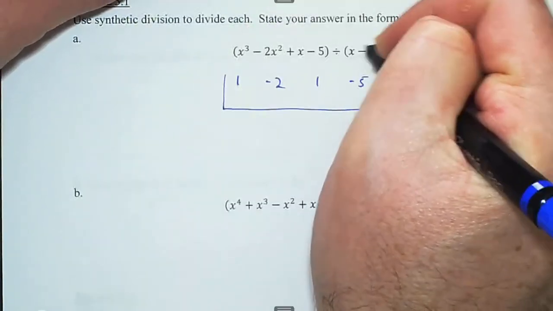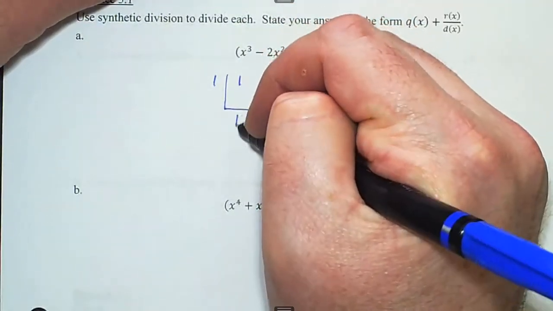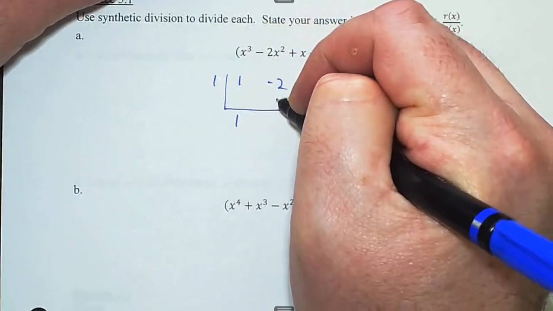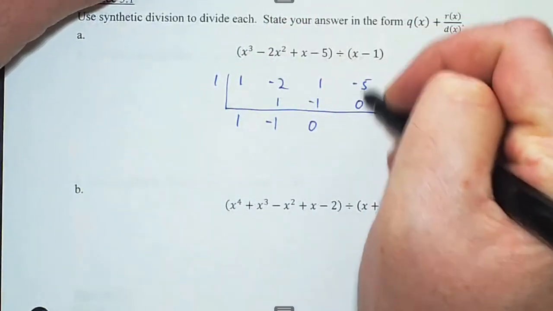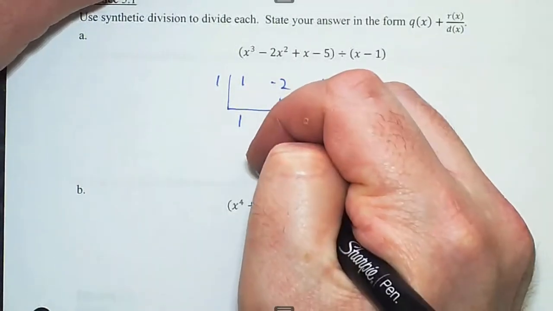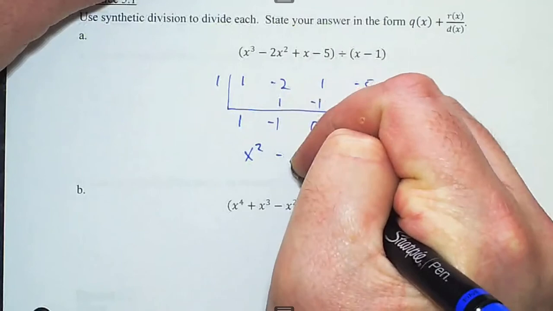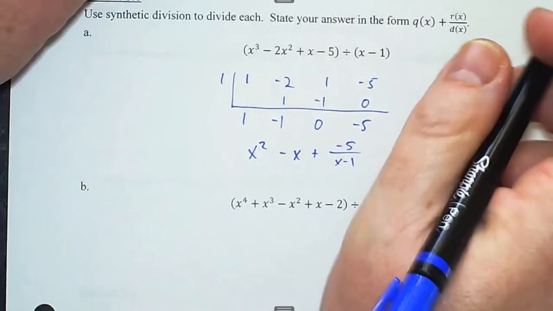So then you just take the opposite of that number and put it there. Bring this number straight down, and then multiply, multiply, multiply. And so our answer is x squared minus x plus negative 5 over x minus 1.